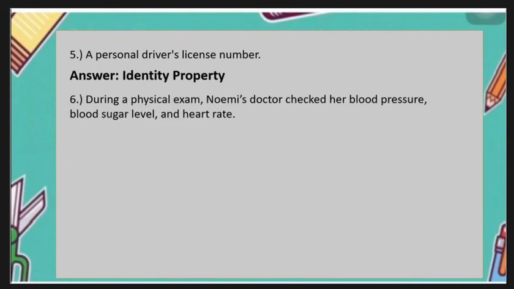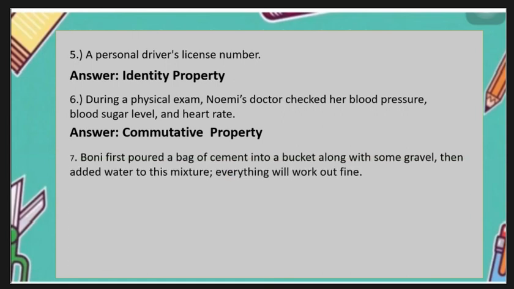Number 6, during a physical exam, Noemi's doctor checked her blood pressure, blood sugar level, and heart rate. What kind of property? That is, okay, commutative property.